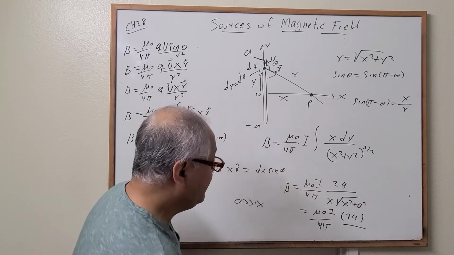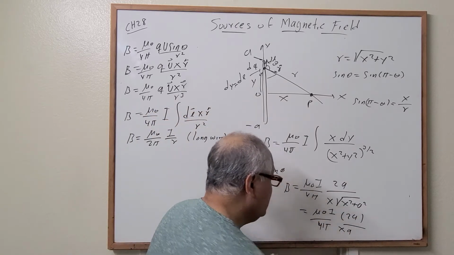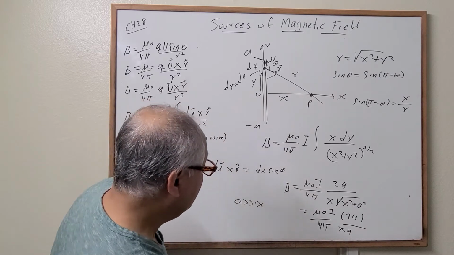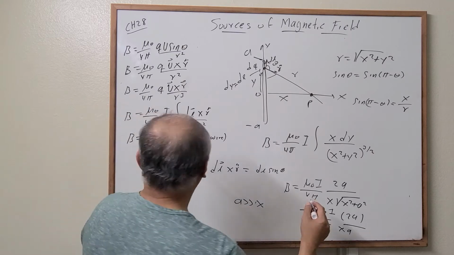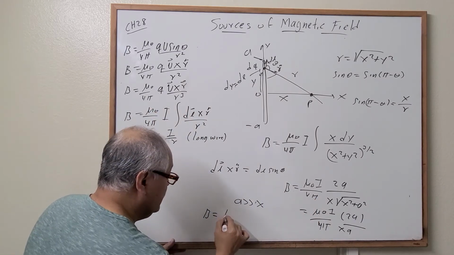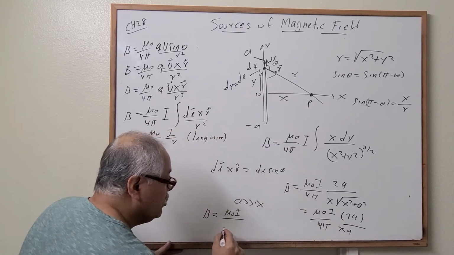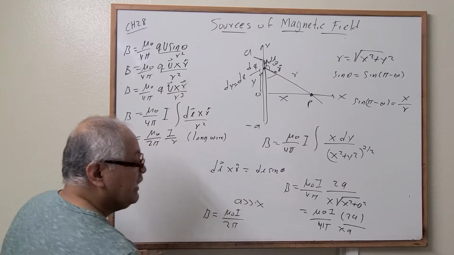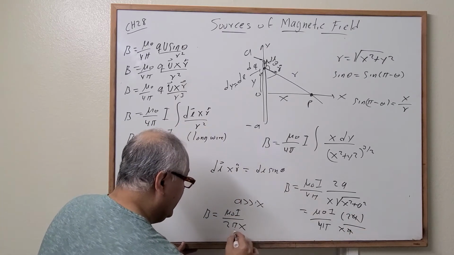This approaches 0, this becomes x times a. And at the end, what do we have? The magnetic field is equal to mu naught current divided by 2 pi, this cancels with this, divided by x.